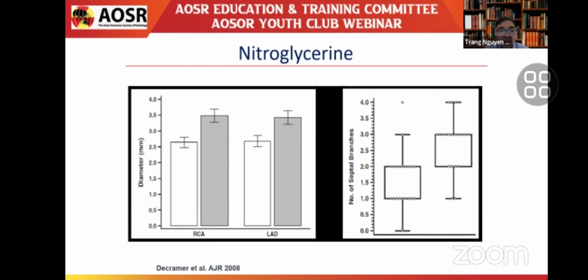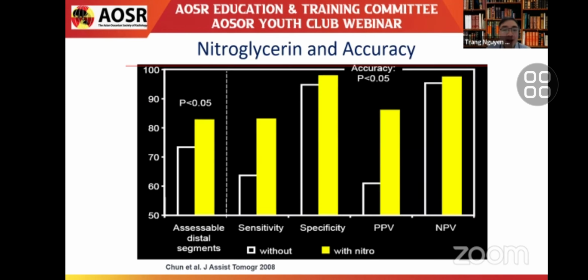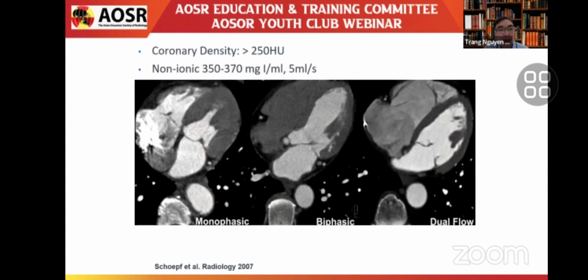Nitroglycerin is also one of the important factors. If we use 1 or 2 doses sublingually, we can improve the image quality, with very high sensitivity and specificity in comparison with no nitroglycerin. Some other factors we should consider when we do coronary CTA include the density. We need very good density in the very small lumen, very small vessels like this.